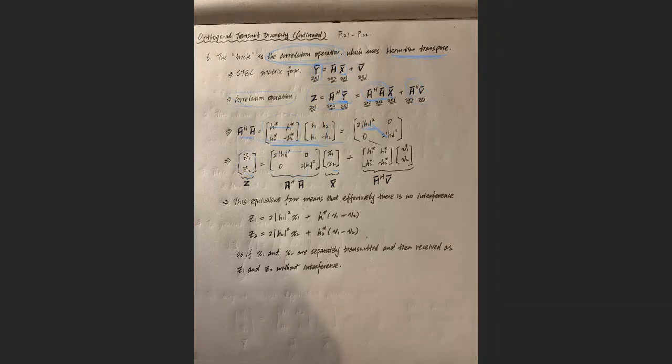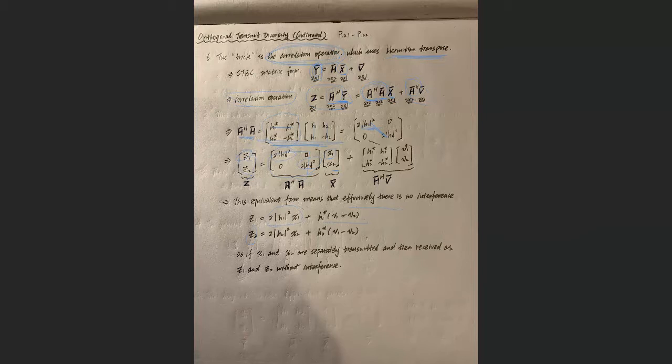This equivalent form means that equivalently we have Z1 equal to only this one multiplied by x1, plus only this noise, and then Z2 equal to only this one multiplied by x2.